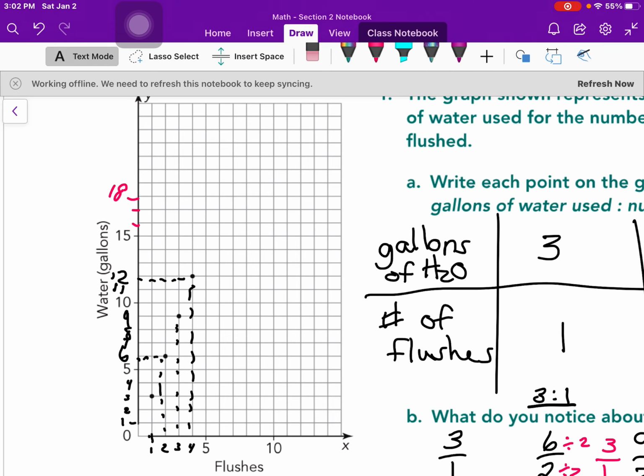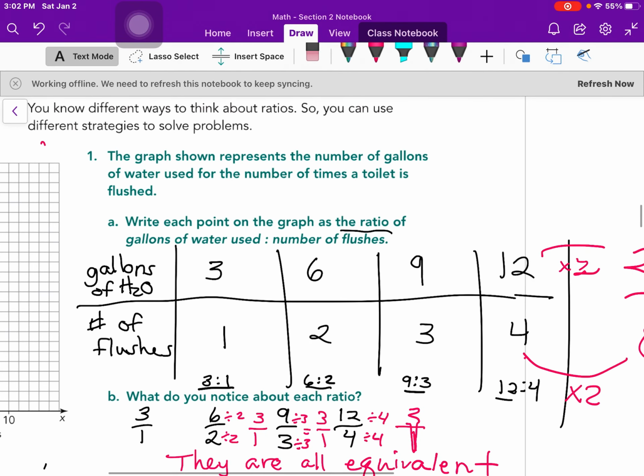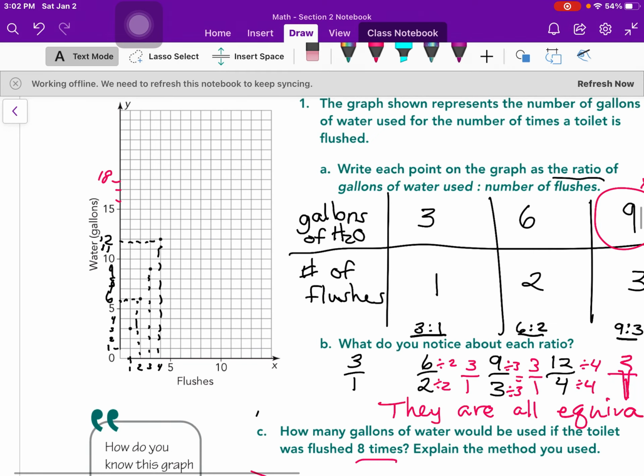I could use the fact 18. I could double 9, because I know 9 times 2 is 18, and I could double this to get 6. I think that might be the strategy that I use. So let's see, 18 gallons yields 6 flushes.